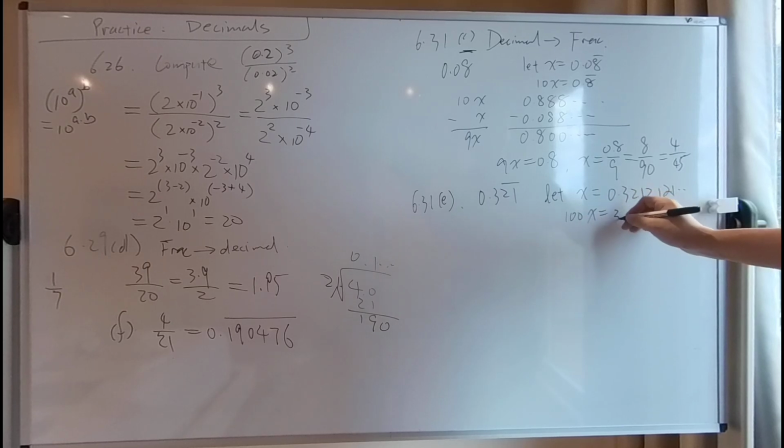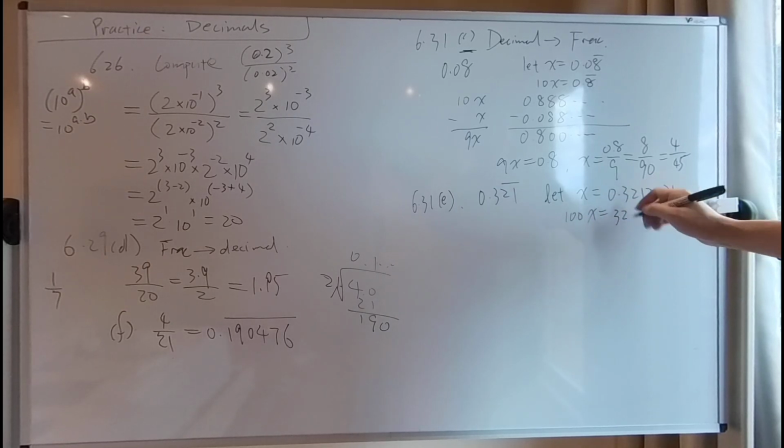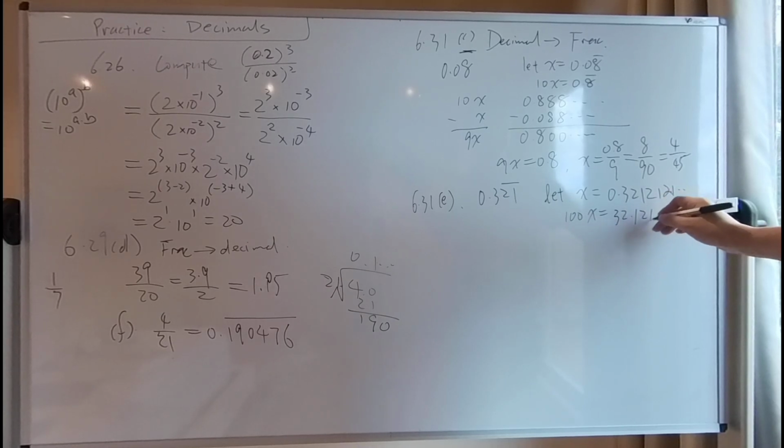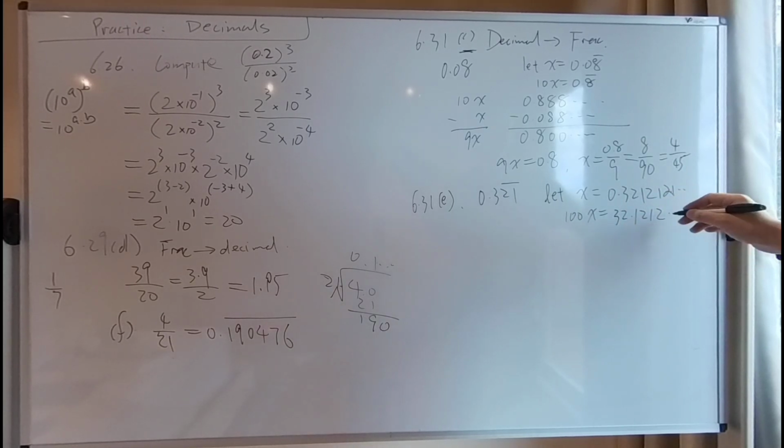This is 32, right? 100 means I need to move the decimal point 2 steps. So it's 32.1212, keep going.